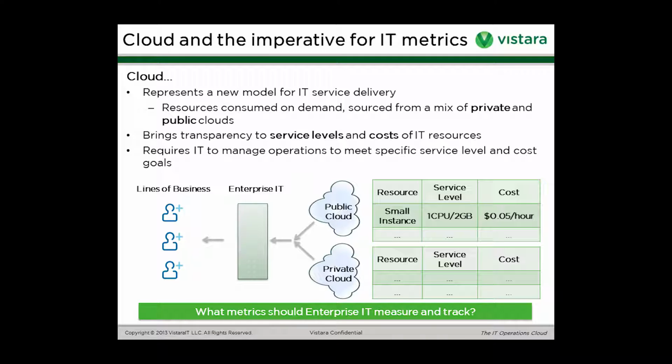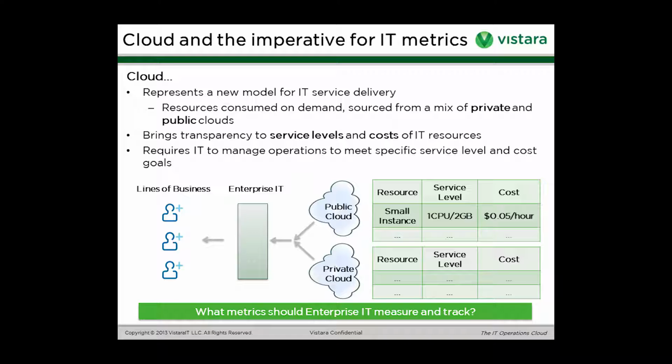And then are you utilizing your capacity efficiently? What are your services costing you? So these are more internally facing metrics that IT should be using to measure and optimize how well they're delivering to the service levels that they promised. And so I'm going to go into each of these, and then we'll have some discussion there. So let's dive right into the specifics behind these metrics.